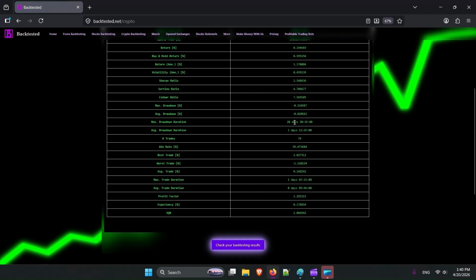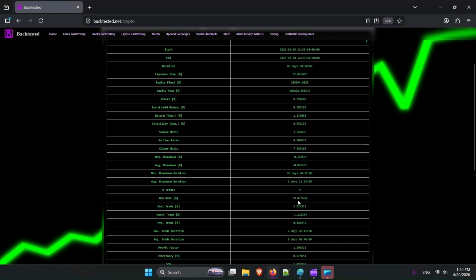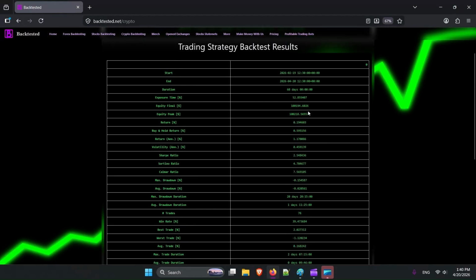Okay, this is the result. We have a return of 0.19. It means that it made profits, but because we bought a very small amount compared to the account balance, the return was small.